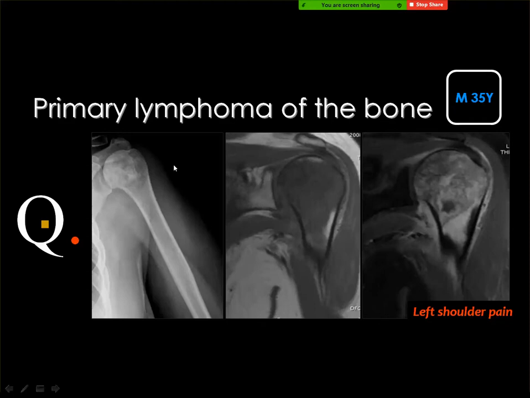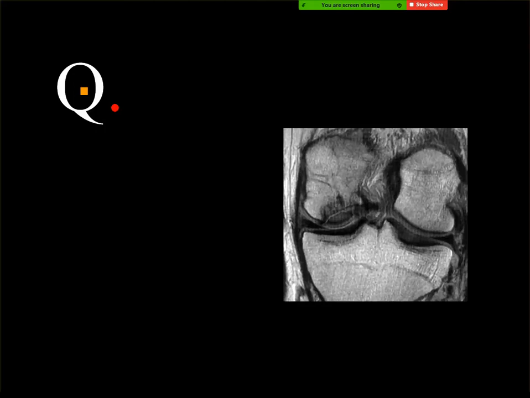Whenever you look at this case and you see that the epiphysis has fused and this is an adult patient, the possibility of osteosarcoma is not there, and also there is no significant periosteal reaction. Then you think of the other two possibilities, which are lymphoma and metastasis, and you may write this in the report as a differential diagnosis.